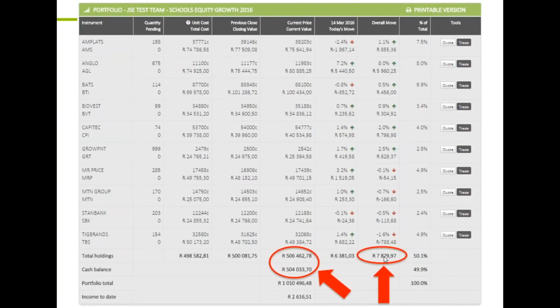And here under overall move, the other arrow that's showing 7,879, that is what really matters in this game. It's the capital growth that you receive from holding shares or selling shares. You need to increase that capital from your shares increasing in share price.